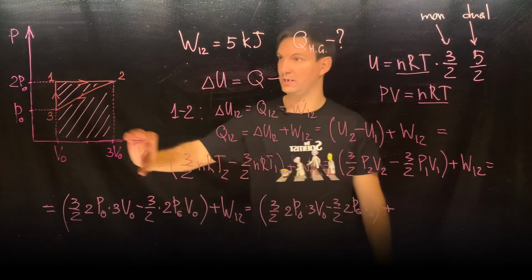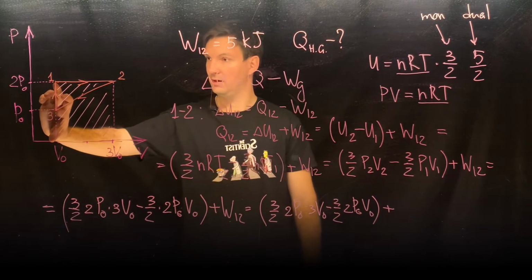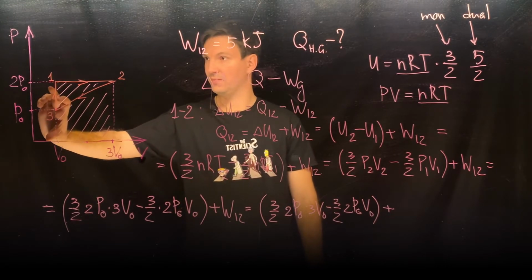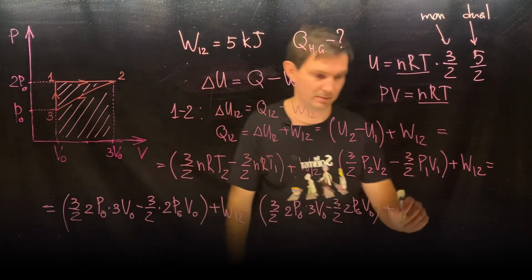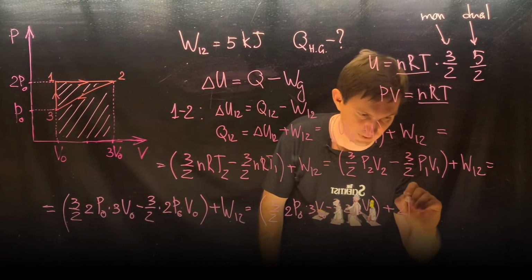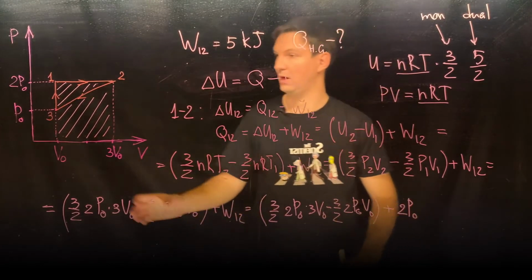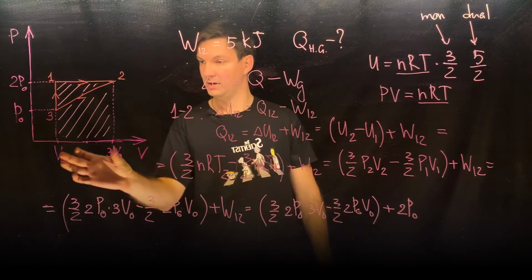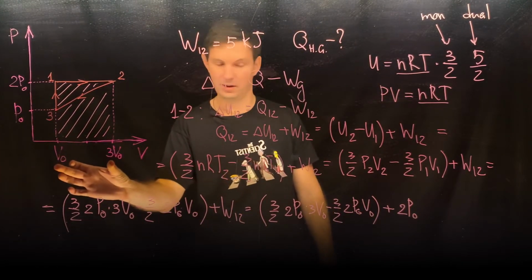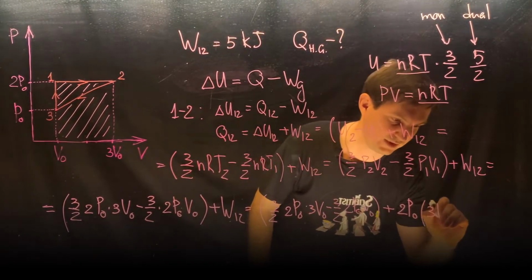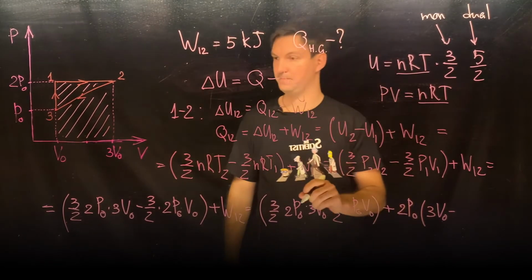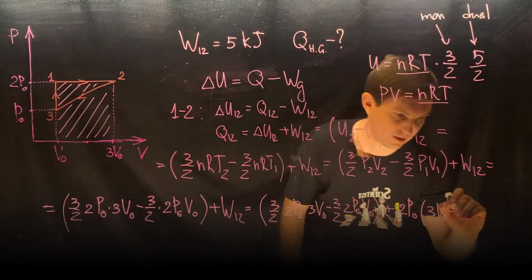And work is the area of this rectangle. One side is 2P0, and the other side is this segment, which equals 3V0 minus V0.